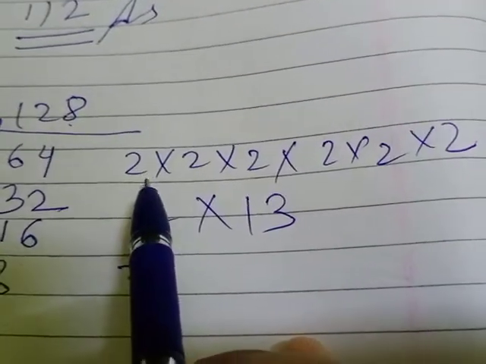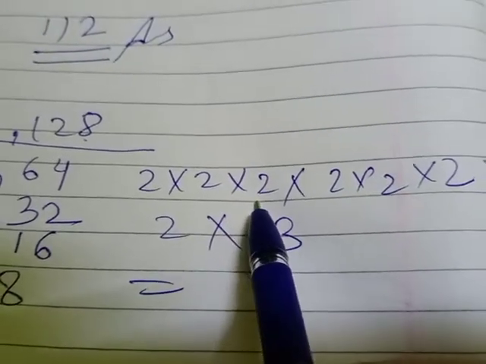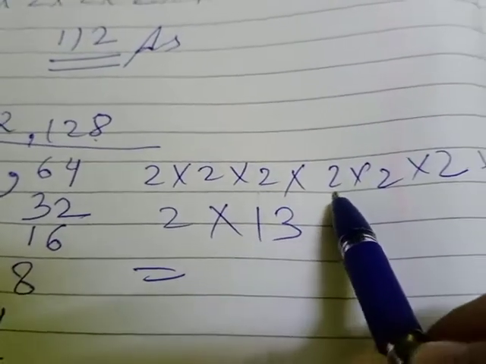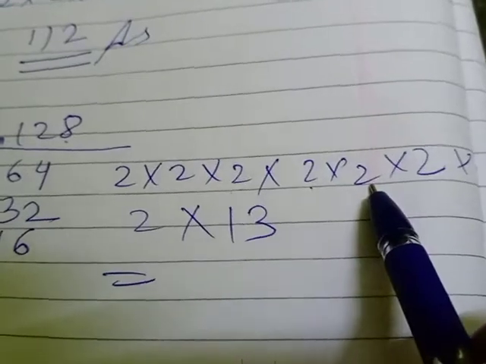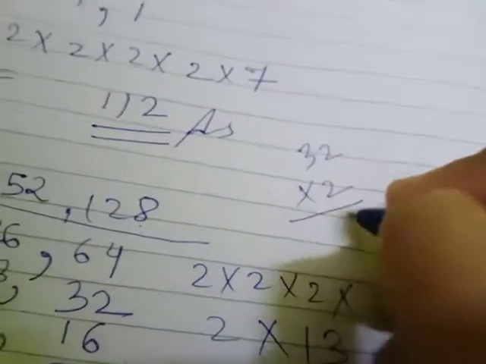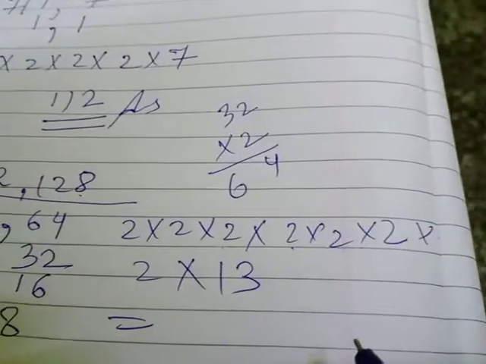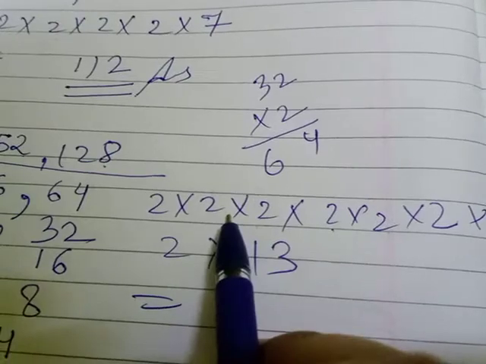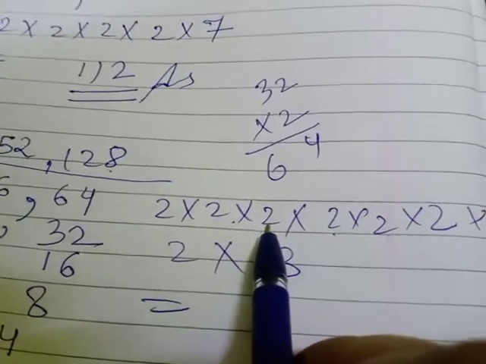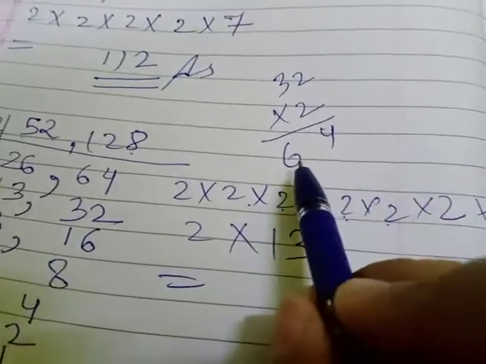See, 2 2s are 4, 4 2s are 8, 8 2s are 16, 16 2s are 32. 32 into 2 you can do in rough. Like this, 2 2s are 4, 4 2s are 8, 8 2s are 16, 2s are 32, 32 2s are 64.